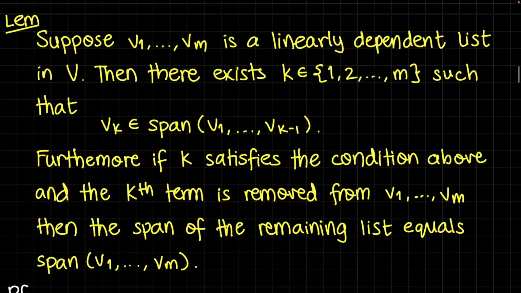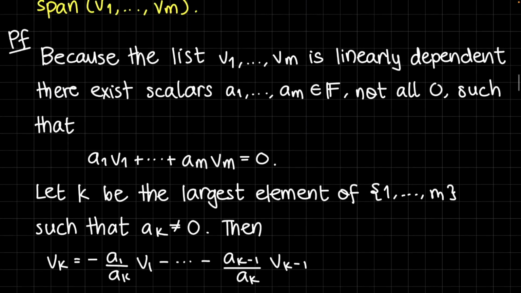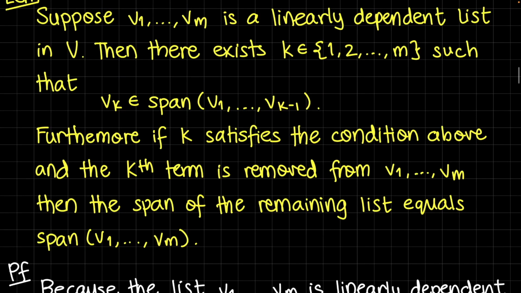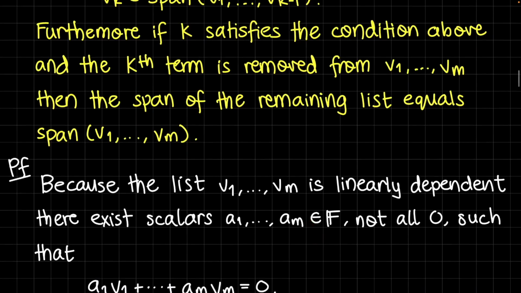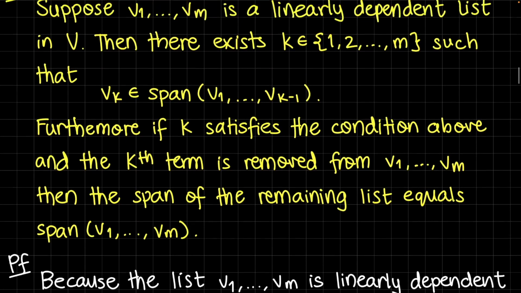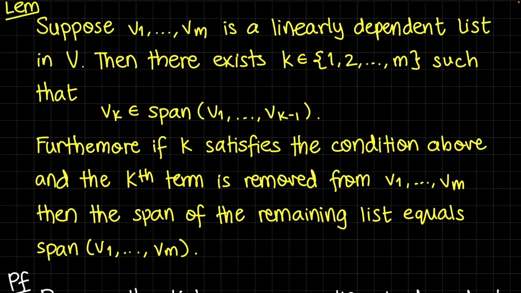Also, a point I would like to make is that this proof is good for the non-trivial cases. If you take the trivial case where k equals 1, then you can no longer use this proof, although it's a very trivial statement to prove for the unit list length case.